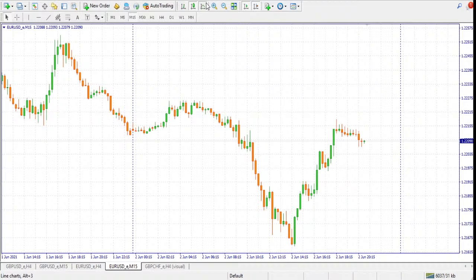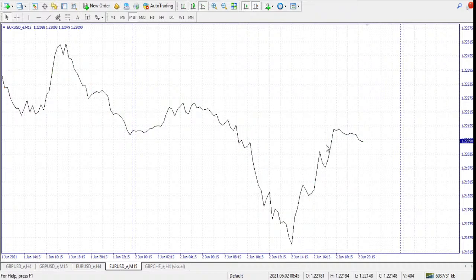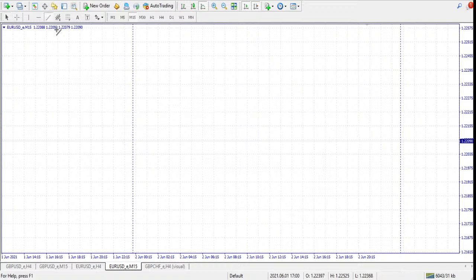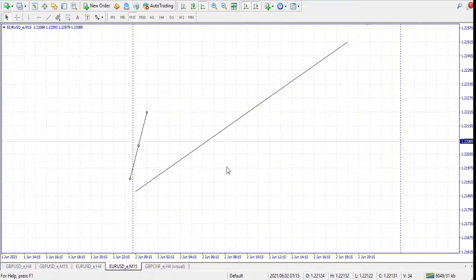Assuming this is an empty, plain screen, we have a line which moves like this, and then the price keeps going up from it. This green line is price. The price keeps coming up, then going back and touching the line, but does not break beyond it.